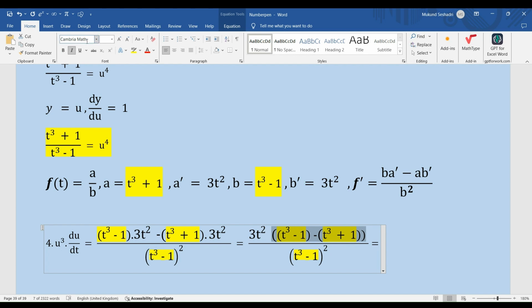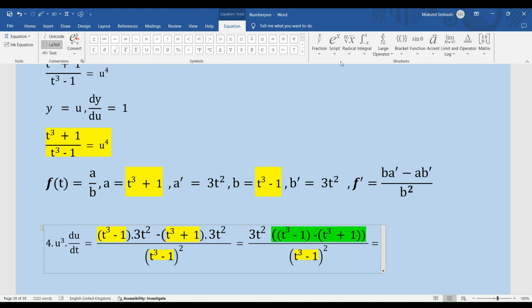Let me move to a different color. I'm representing this in green now. So I have minus 2 into 3t square, which makes it minus 6t square divided by t cube minus 1 whole square, right?